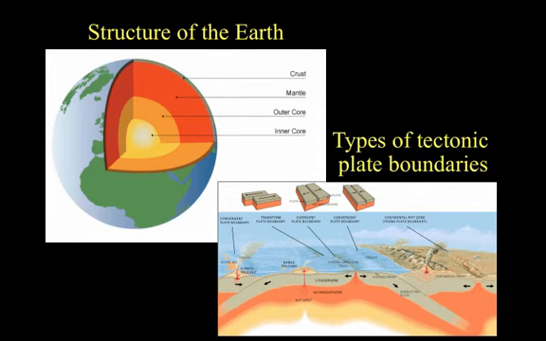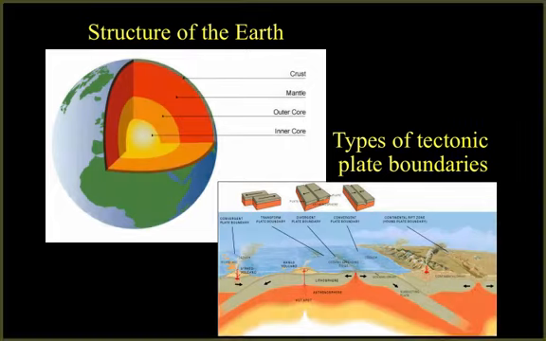So just a little terminology as far as the structure of the Earth and to go a little bit deeper into what I just explained. I talked about the plates being comprised of the crust and the uppermost mantle.